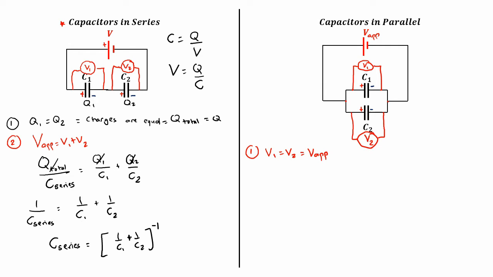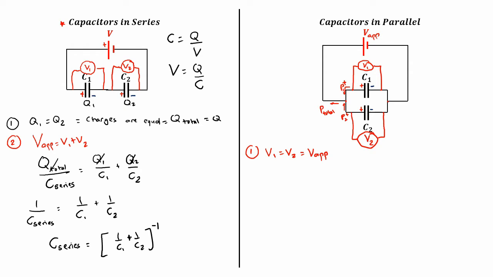Point number 2 here is that the charges that capacitor 1 loses from the left plate, and the charges from capacitor 2, add up and become the total.